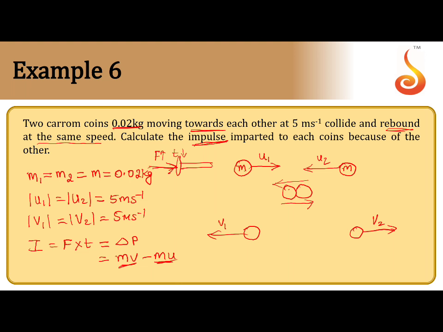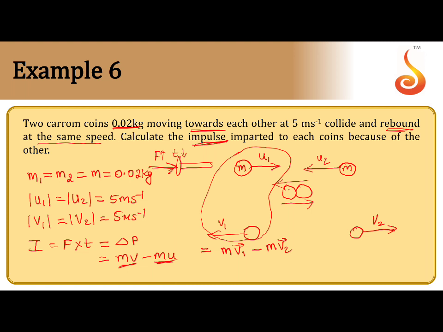So in our case, to find the change in momentum for the first coin, I can write m into v1 minus m into v2, to be written in vector form.